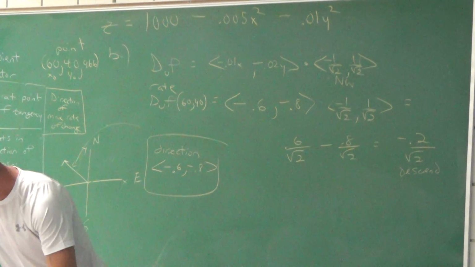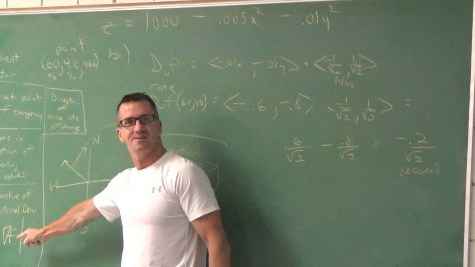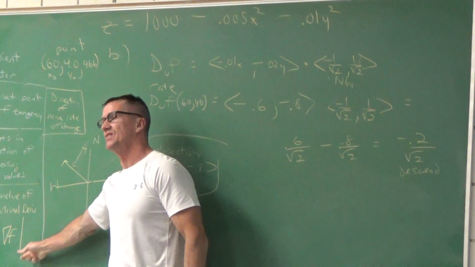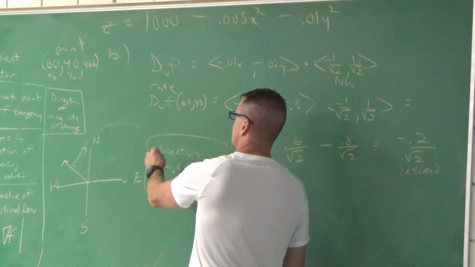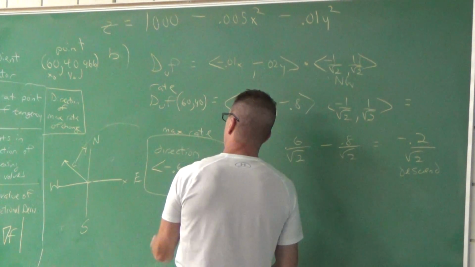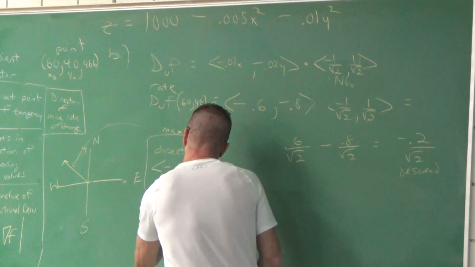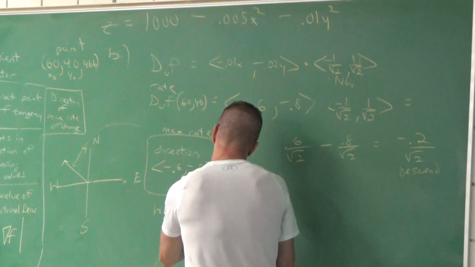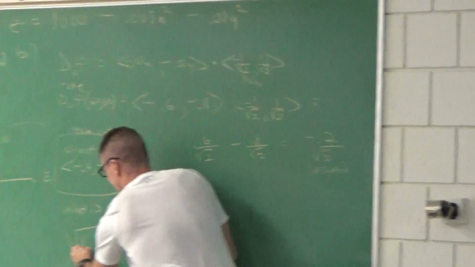And then they ask, what is the rate of ascent in that direction? How can we do that? Let's get the magnitude of the gradient vector. So this is letter C, it'd be in this direction, this would be for max rate, and that's the direction, but what is the max rate? Well, maximum rate is what? He's right.